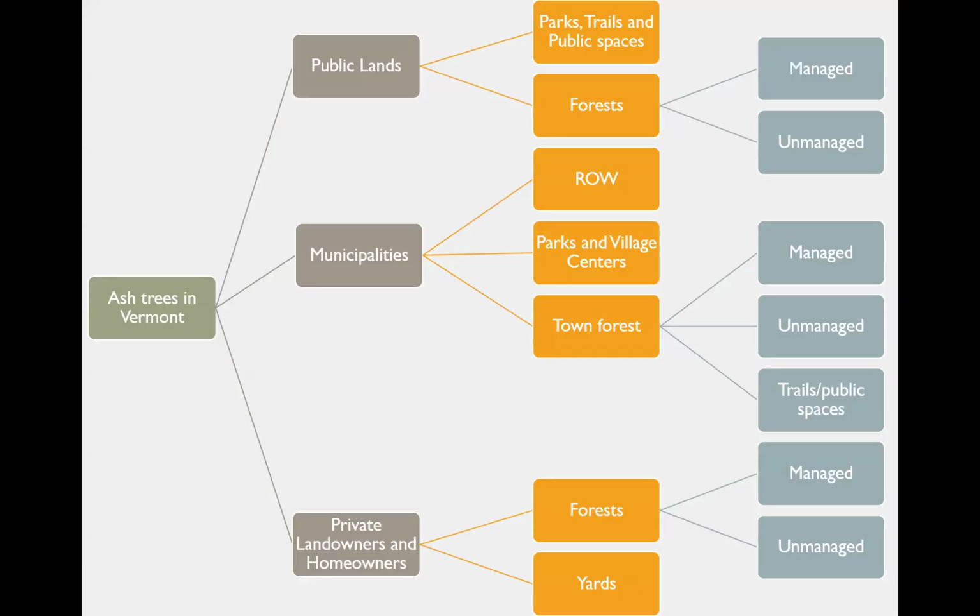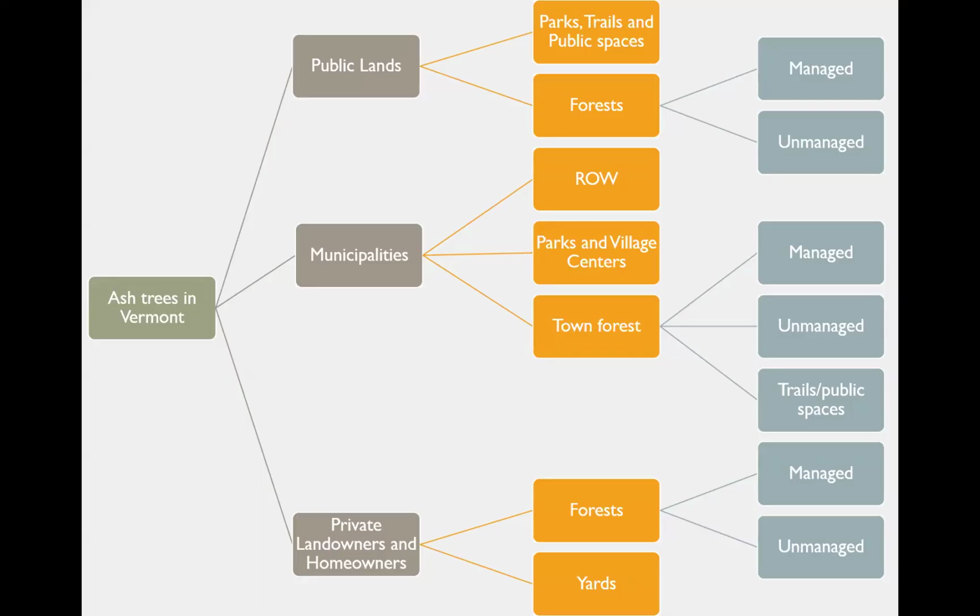Again, some of those town forests are managed, some unmanaged, and within them some trees are along trails or around public spaces. And then we have trees on private lands, which might be in forests, managed or unmanaged, and trees in yards, so shade trees around houses and buildings.